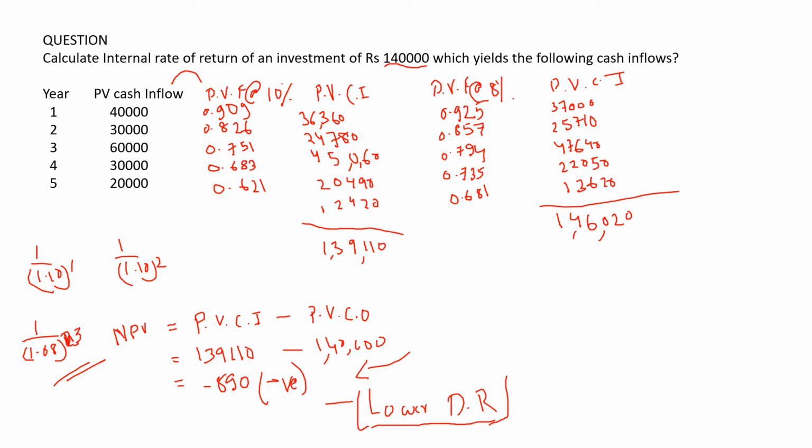So now we can calculate the NPV while taking the discounting factor at the rate of 8%. It comes out to be 1,46,000, that is the inflow, minus the present value of the cash outflow, 1,40,000, and we can say from the figure that we will get a positive NPV, and we have got it as 6,020. Now we will have to find out the IRR.